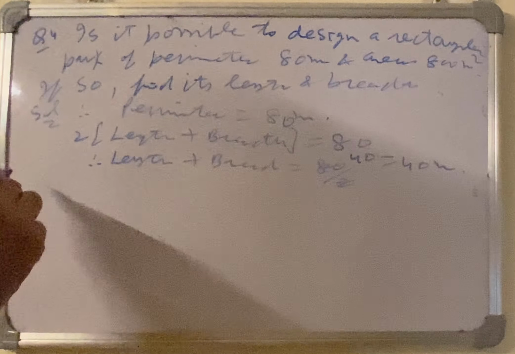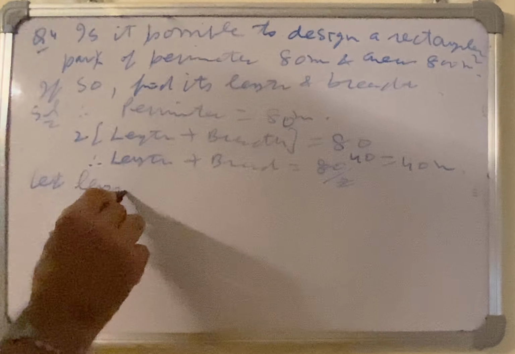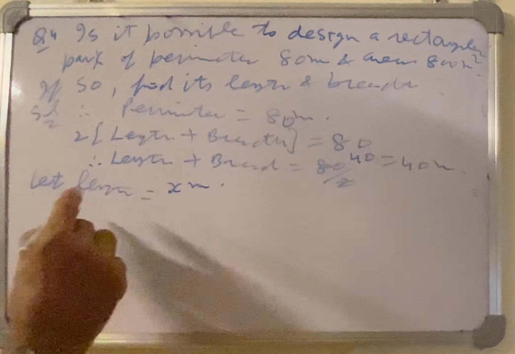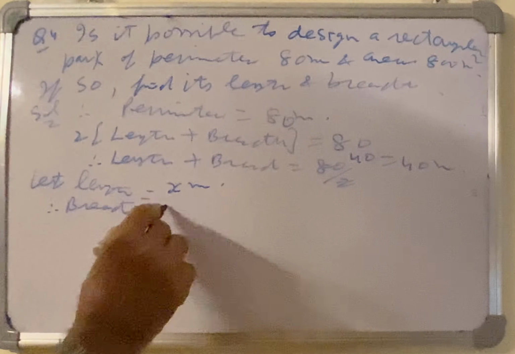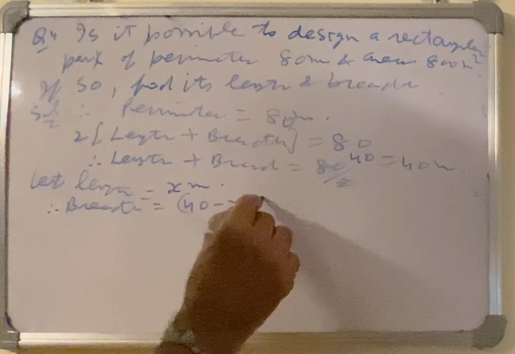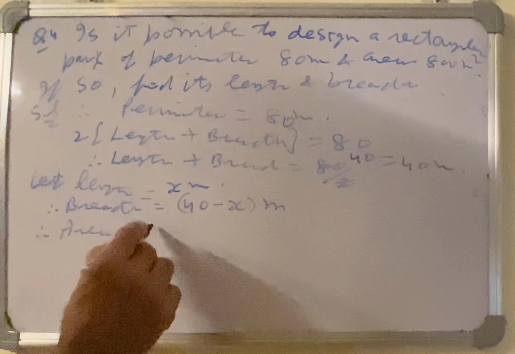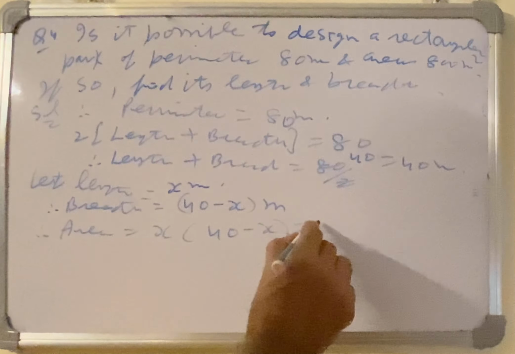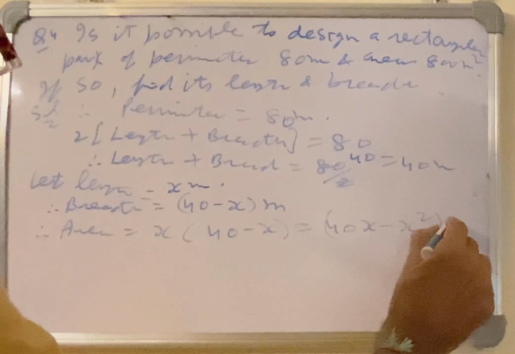Let the length of the rectangular park be x meter. Therefore, the breadth of the rectangular park is 40 minus x meter. Area is length into breadth, x into 40 minus x, which is 40x minus x square meter square.